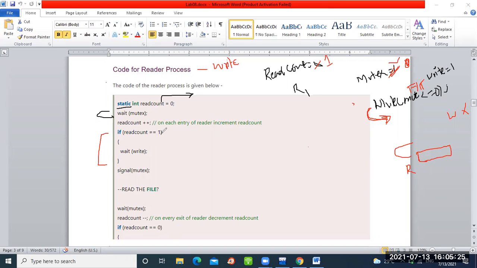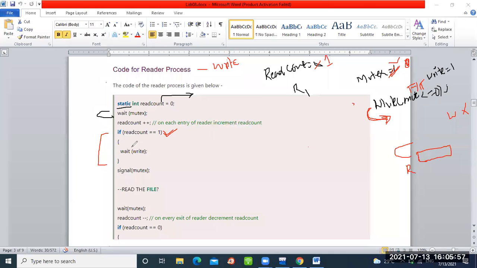If read count equal to 1, that means it is the very first reader, and I have to ensure that no other writer is allowed.